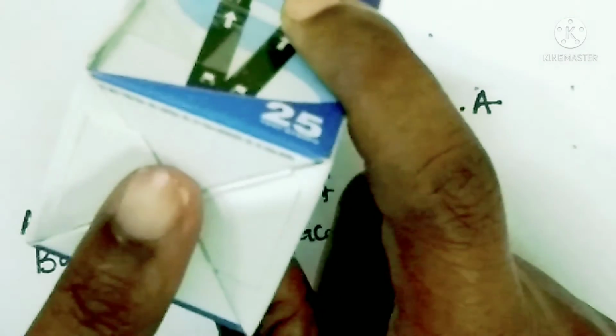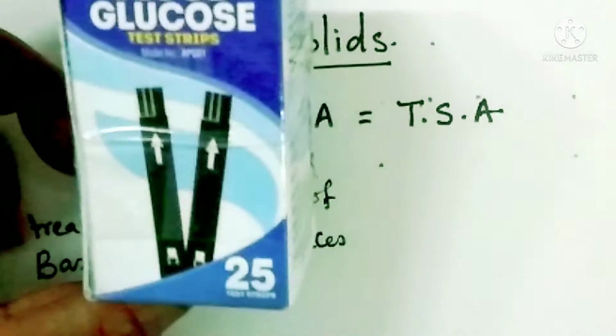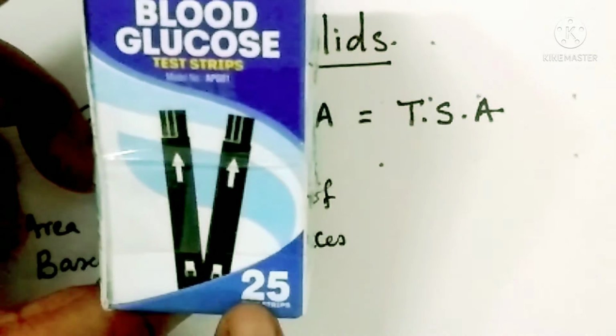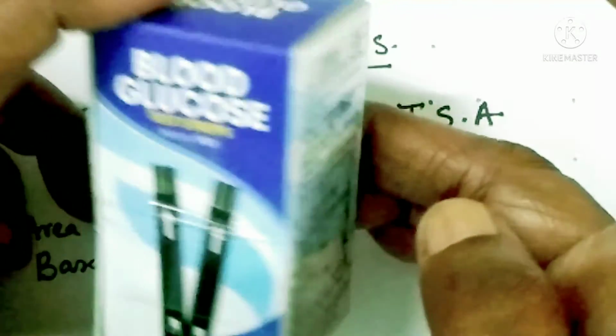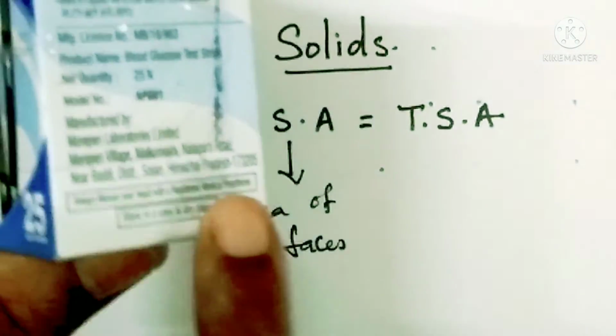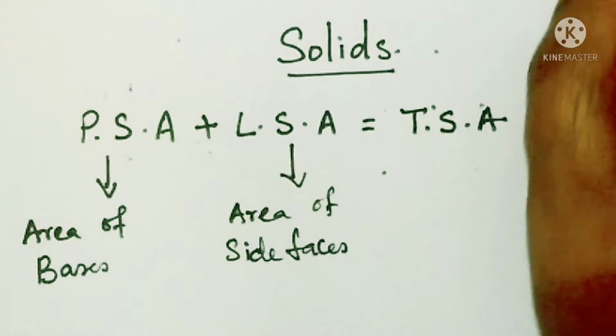So when you find the area of this, you know length into breadth. Length into breadth one time, length into breadth two times. And if you consider this as length, length into height here, and the opposite side also length into height. Here it is breadth into height, and on the opposite side again breadth into height.